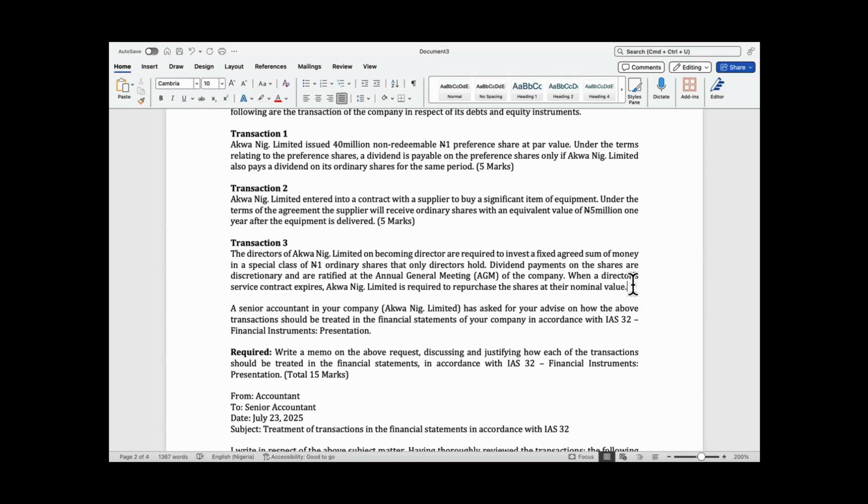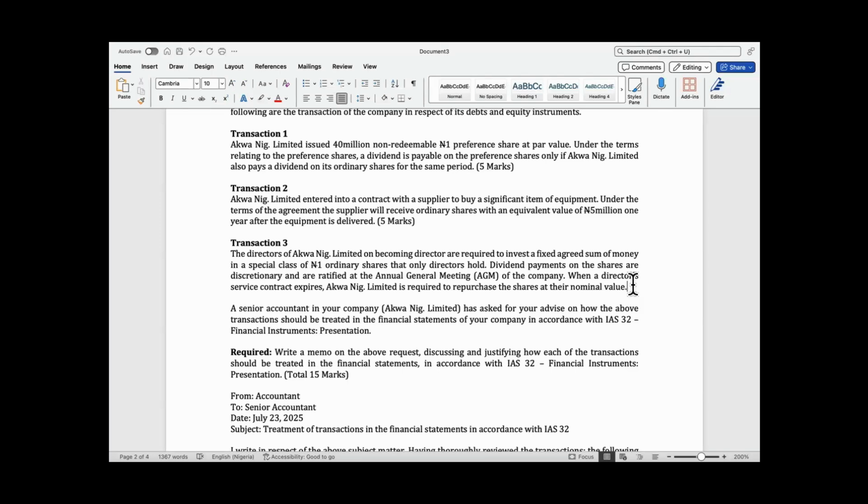So the principle here is this. The company issues its shares to these directors, and when the director leaves, the company would buy the shares back, meaning that the company will give them back their money, then collect back their shares. Ultimately, you know that the directors have to leave. There's nothing here that says that as soon as you become director, you die there.